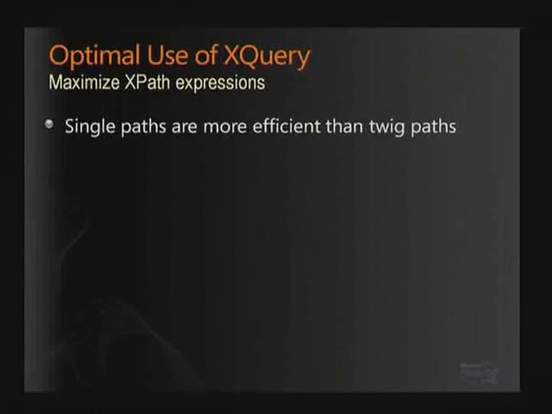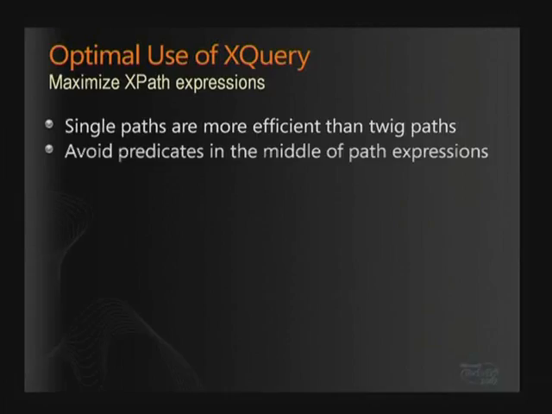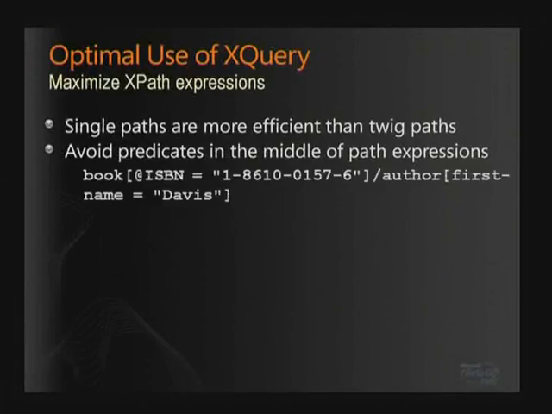So the next thing is a couple of tips also about your path expressions. If you have the ability to write a single path instead of a long, extensive path with lots of predicates on it, you should avoid predicates in the middle of the path expressions if possible. Sometimes you can't because that's the semantics of the query, but you might want to look at ways of rewriting it.